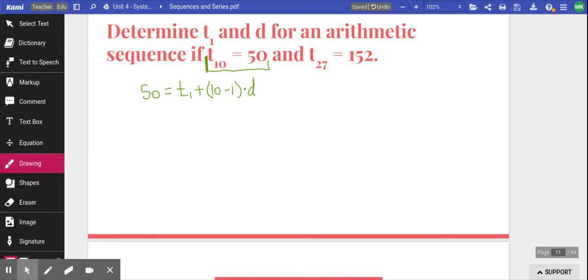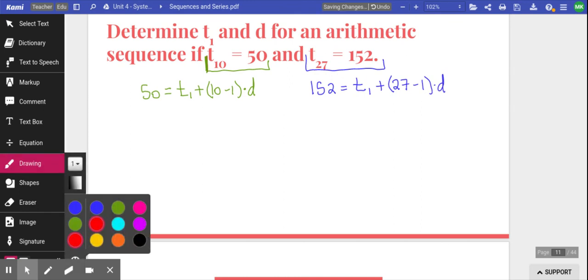The other term, 27, also gives me a formula. It says that 152 would equal the first term plus 27 minus 1 times d.